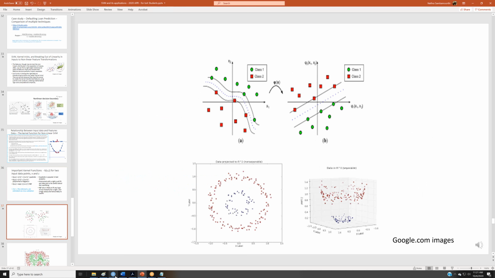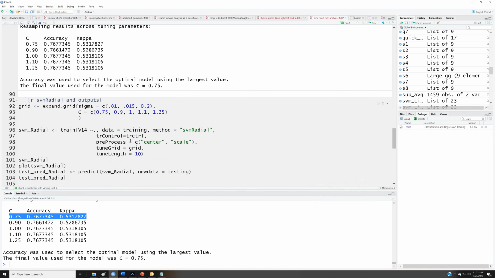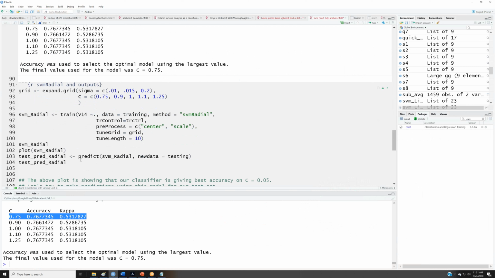And if I use that, what we are saying here is, if I buy into that kind of understanding, I'm going to use a nonlinear separator now. But this time, the nonlinear separator is defined by the kernel function called radial basis function. So the method is called svmRadial. Now R is uppercase, you have to use that.